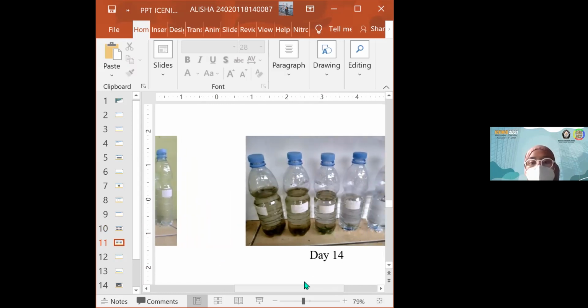There was a brown precipitate, which indicated the presence of microalgae in the sewer water sample, and brown deposits in the puddle. Meanwhile, in the river water, as you can see, the color changed to green after 14 days of observation, which indicated the presence of microalgae in those 3 samples.